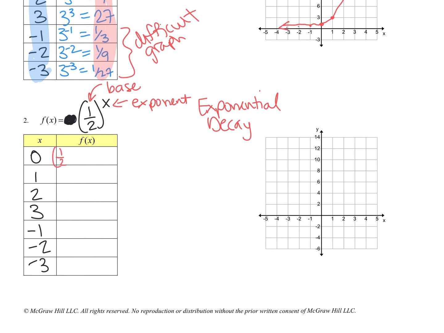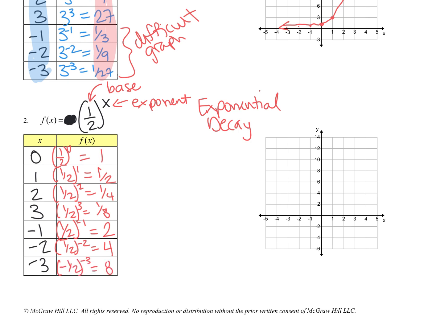So 1/2 to the 0 power is just 1. 1/2 to the first power is 1/2. 1/2 squared is 1/4. 1/2 to the third power would be 1 over 8. And then 1/2 to the negative 1 is 2. 1/2 to the negative 2 is 4. And then 1/2 raised to the negative 3 power is 8.